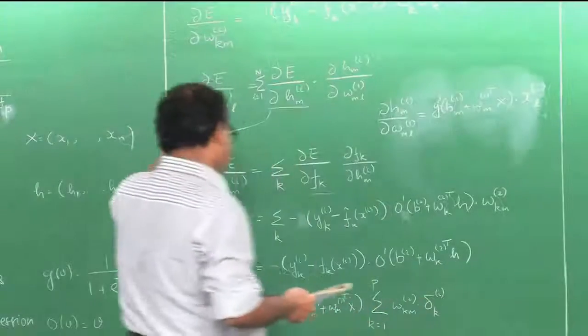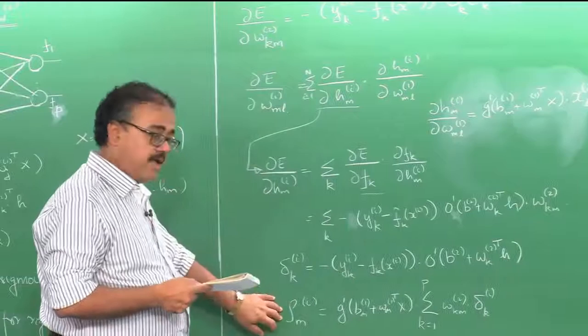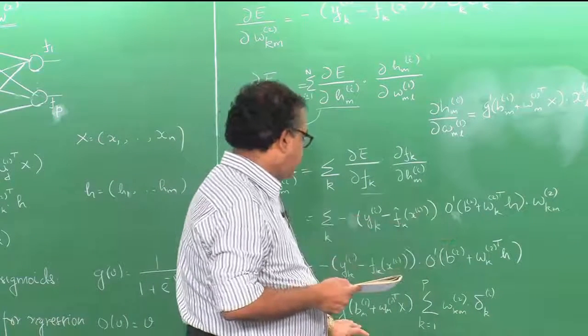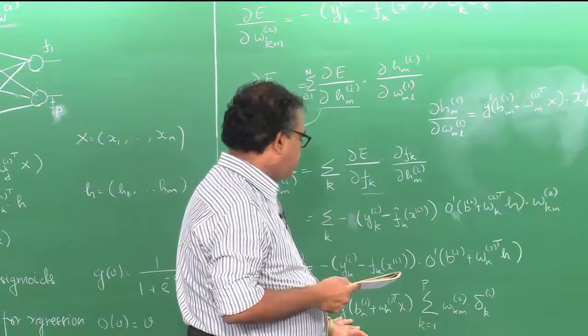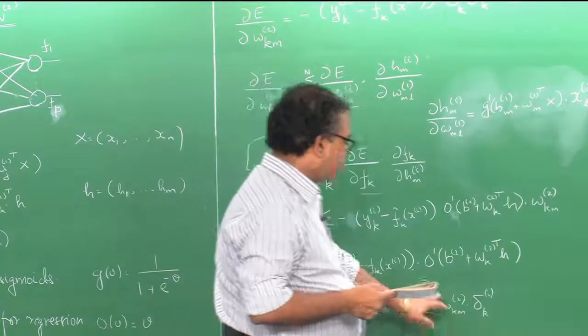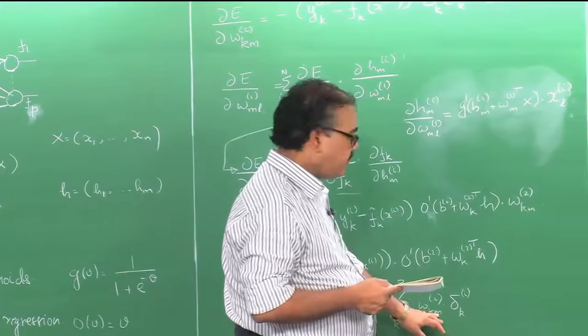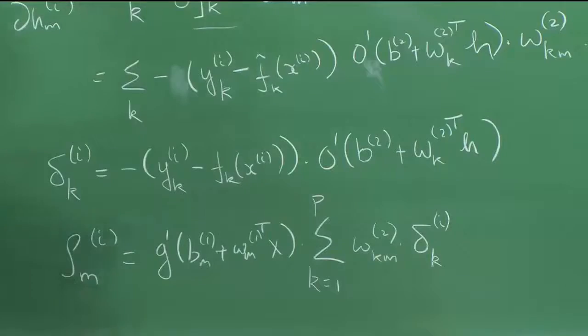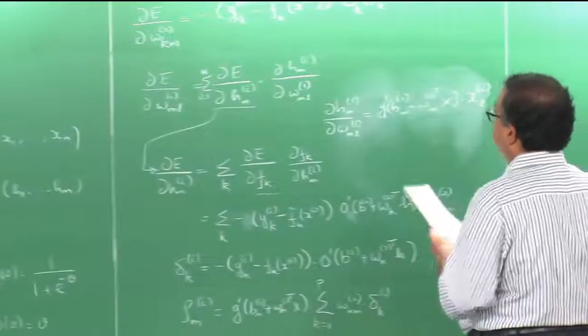And I also define this term rho_m for the input i as the derivative of g with respect to w times the summation of w_km into delta_k of i. Putting these together, now we can write our expressions more compactly.